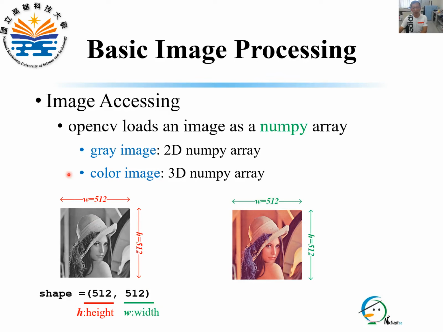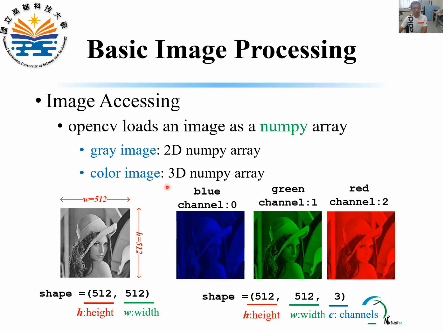For a color image, it is a 3D NumPy array, whose first 2 axes are image height and width respectively, and the third axis is the number of color channels. In general, a color image has 3 channels in sequence respectively for blue, green, and red.